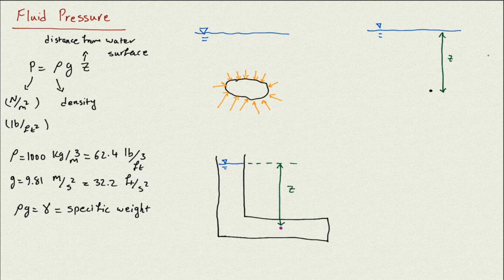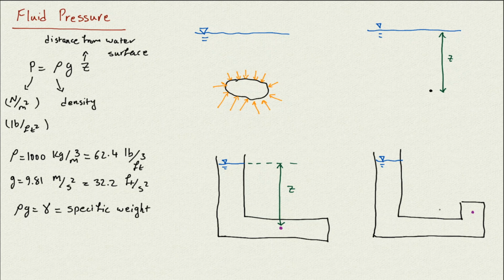The same here if I draw another shape, for example another container, and it goes like that, then it goes up there, and goes back like that. And if it's filled with water again up to this point, and then I want to find the pressure applied at that point, again it doesn't matter if there's water beneath that, next to that, or a little bit of water on top of that.